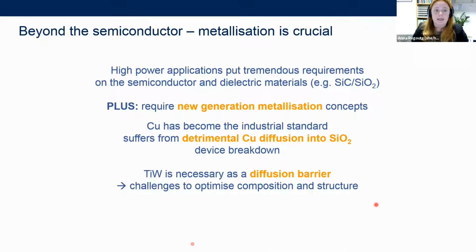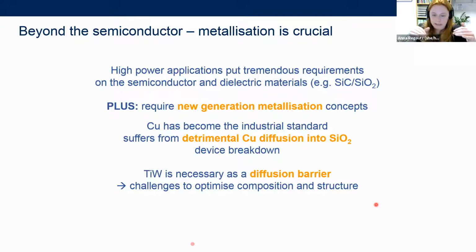Within the remit of power electronics, the high power applications put really tremendous, really harsh requirements on the semiconductor and on the dielectric materials, for example in the silicon carbide oxide that I'll show you in the last example. But they also require these new generations of metallization concepts.